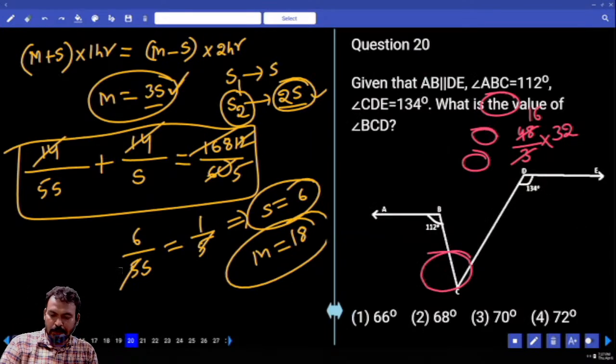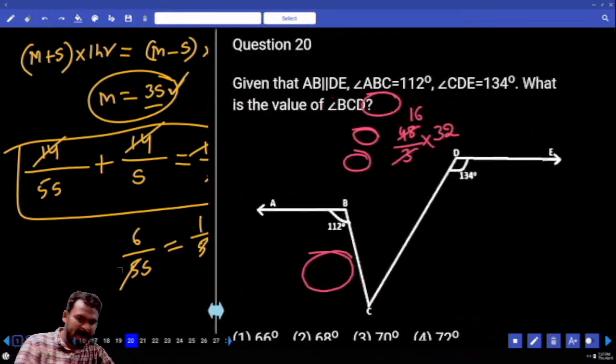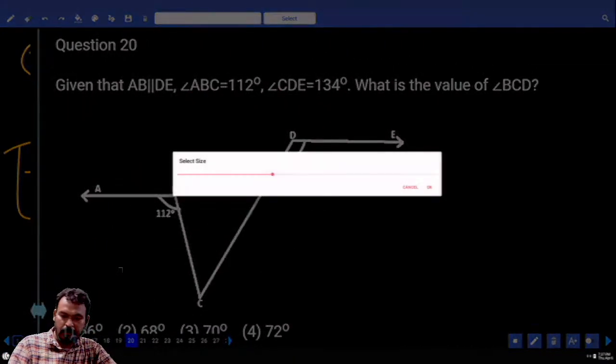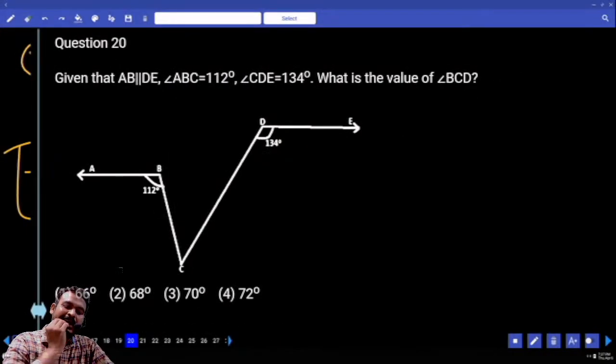Next, question number 20. Given that AB is parallel to DE. Angle ABC equals 112 degrees. Angle CDE equals 134 degrees. What is the value of angle BCD? Here AB is parallel to DE.